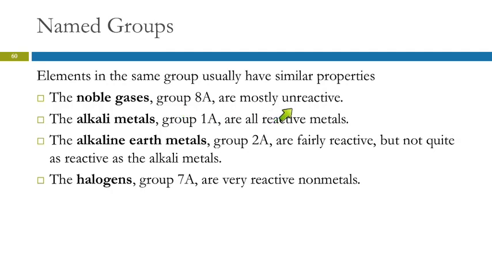They are generally very unreactive gases. So that's an element group name that you need to know. The alkali metals are the group 1A elements. They're very reactive metals. Next to them in group 2A, the alkaline earth metals. They're fairly reactive, but not quite so much as the alkali metals. And then the halogens in group 7A are very reactive nonmetals.